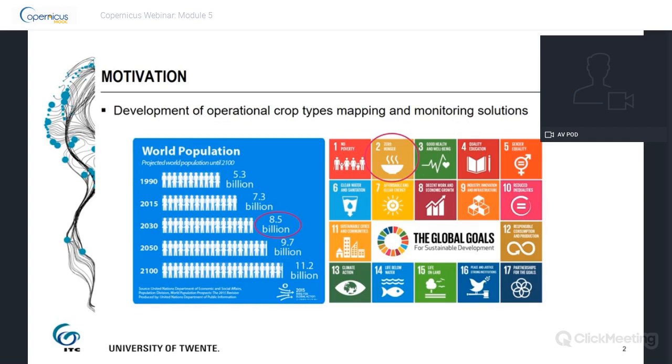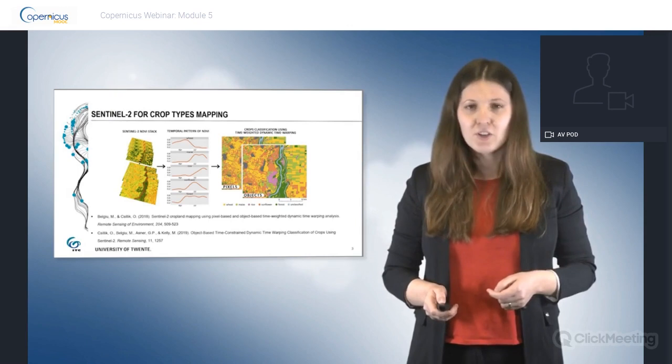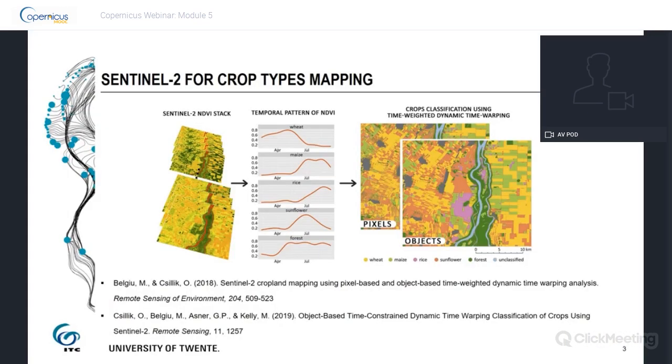Therefore, food security is high on the agenda of the Sustainable Development Goals, especially the second goal, which is zero hunger. In order to address this goal, we need to develop operational crop types mapping and monitoring solutions. In my work, in order to do that, I'm using Sentinel-2 multi-temporal satellite images and machine learning techniques.